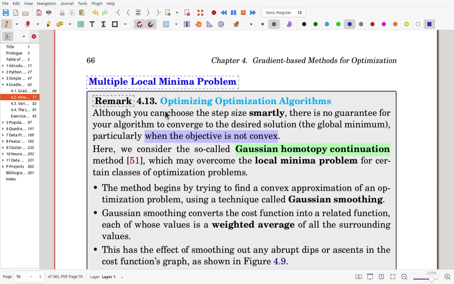That's the reason in the modern machine learning community, the stochastic or mini-batch algorithms are so popular. And in most cases, it is overcoming the multiple local minima problem.